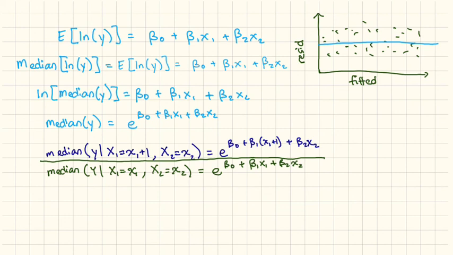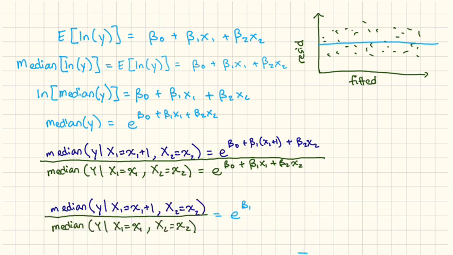I'm going to divide them. And when you divide things that are exponents, they subtract. So the beta naughts are going to go away. The beta 2 x2s are going to go away. The beta 1 x1s are going to go away. And I'm just going to be left with a beta 1 because, distributing. So that's where that's coming from. Now you can see that it's a multiplicative increase between the bottom times this e to the beta 1 to get to the top.